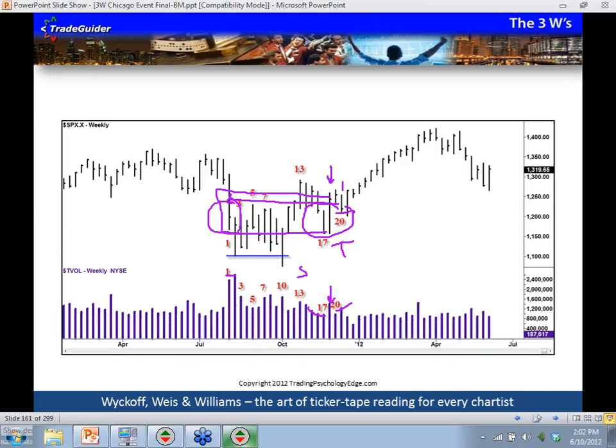This is looking at background conditions. This is always keeping in tune with the market, back and forth, comparing and contrasting, evaluating what's happening now compared to what we were seeing before.